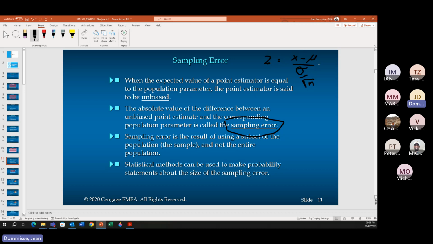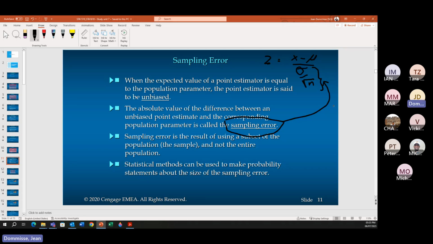We'll still use this formula to calculate the Z, but where I want to bring in the sampling error is this part here at the bottom, which is called the sampling error. When we get to questions, sometimes they give you all the information to work out the Z, but they're actually asking you only to work out the sampling error.